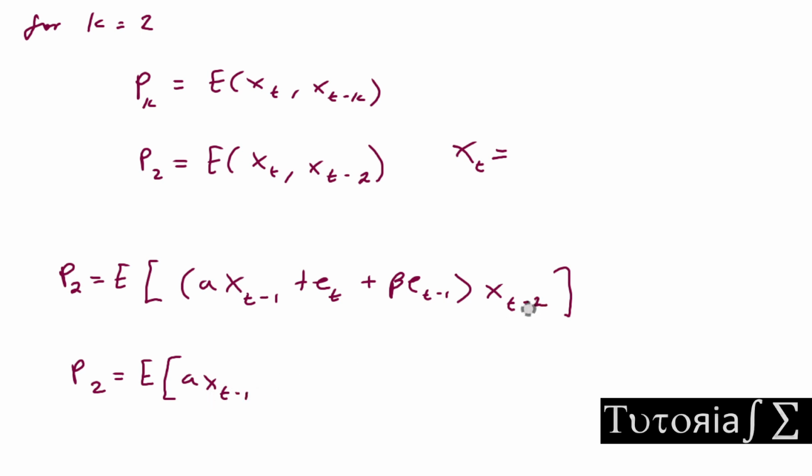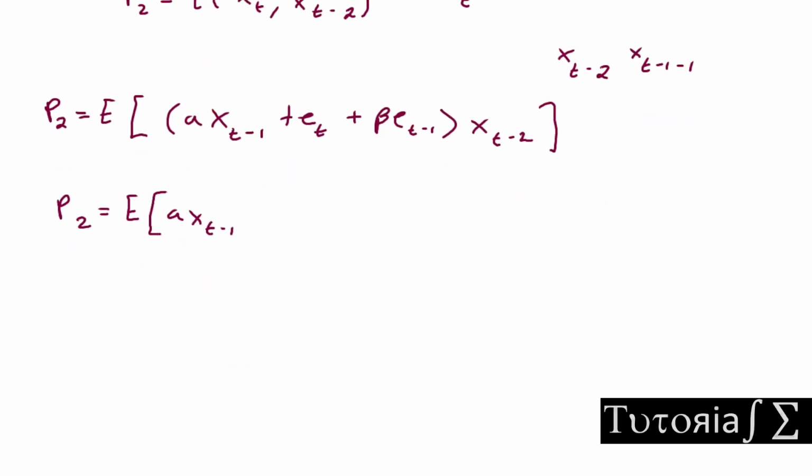Now, how I'm going to write x_{t-2}: that x_{t-2} can be written as x_{t-1} minus 1. So that is how this can be written. So I'm going to write it like that for x_{t-2}. So we start distributing.